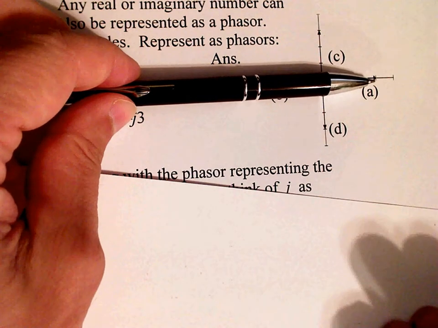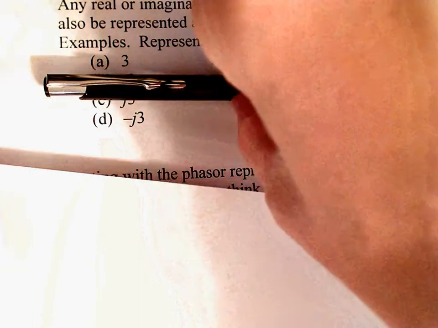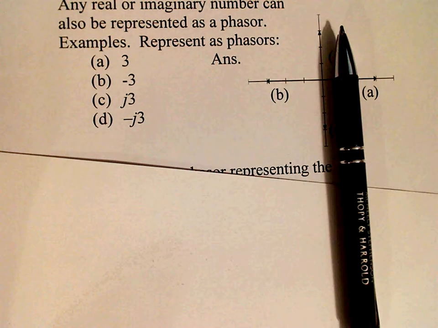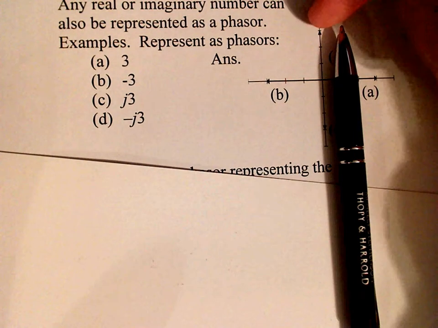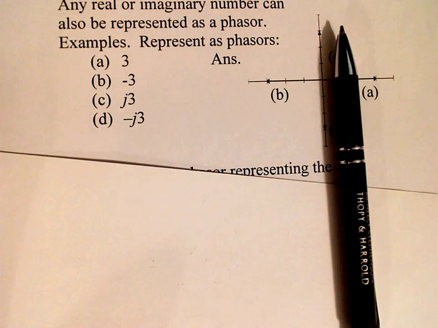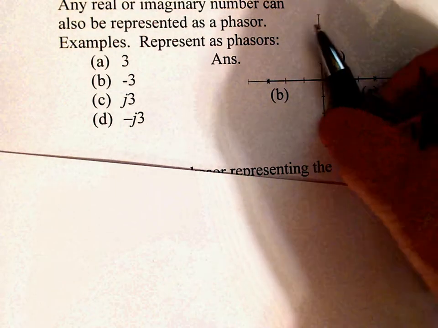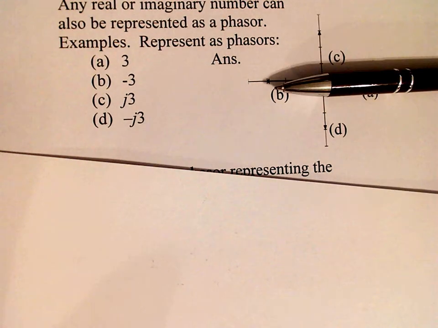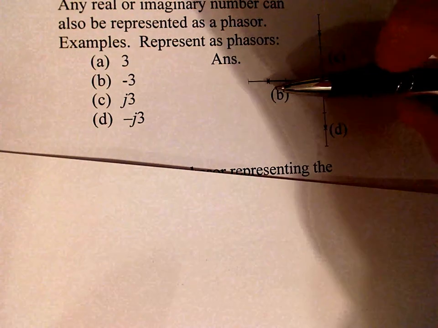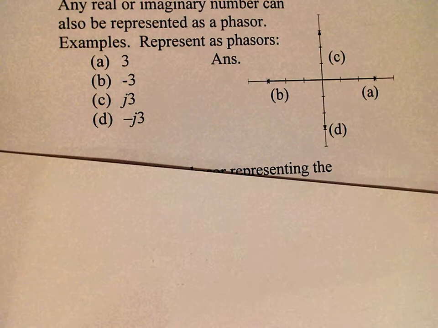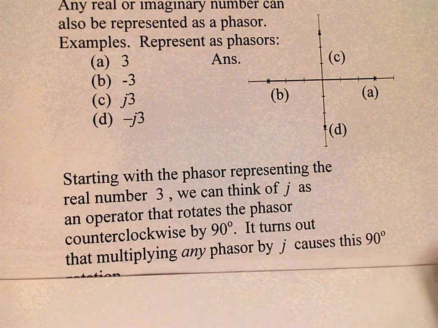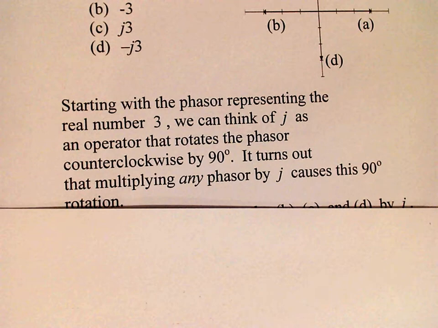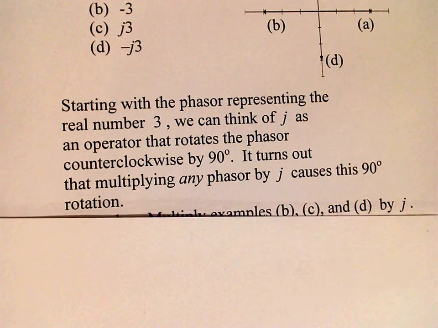If we multiply by j, then this arrow rotates 90 degrees up to here. This arrow, remember, represents j3. And if we multiply by j again, it rotates again by 90 degrees to negative 3. And you can keep doing that as long as you wish. And it turns out that multiplying any phasor by j will cause a similar 90-degree rotation.